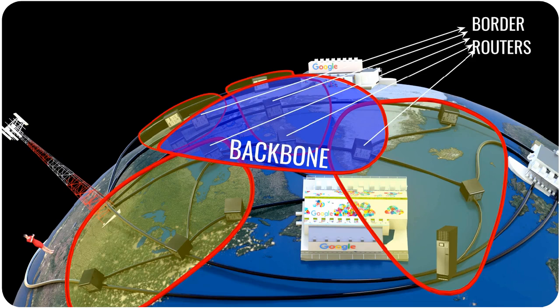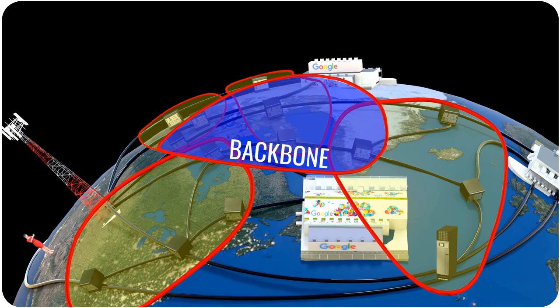In OSPF, the flooding operation happens within a local area, not globally. If the packets of a local area need to travel to another local area, they have to go through the backbone area. This is clearly illustrated in this animation.